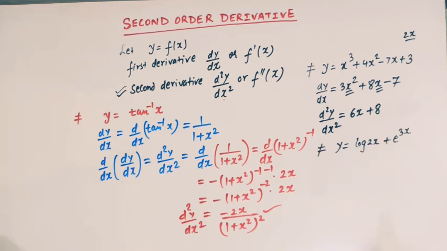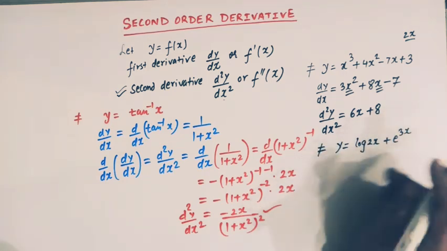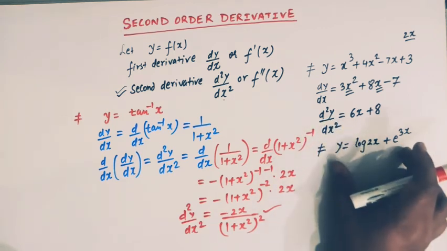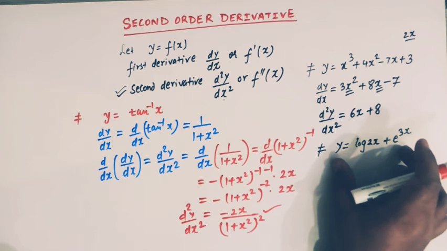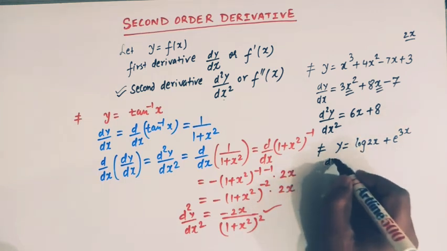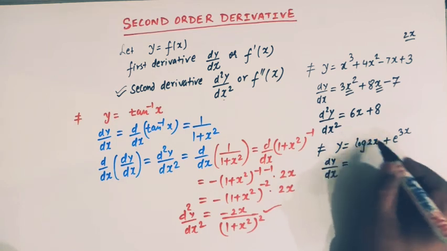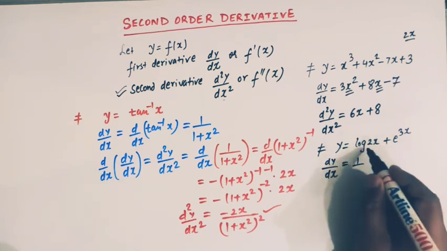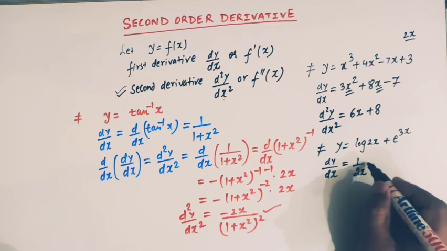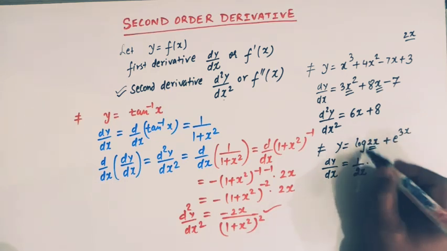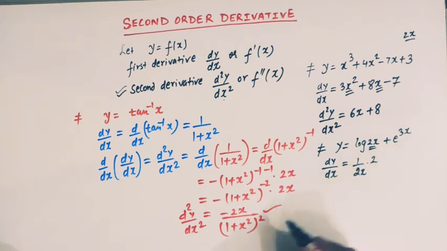Now let us take this function. Here we again will find the second derivative. So let us first find the first derivative. Here dy over dx is the derivative of log x, which is 1 over x, so this is 1 over 2x, and then by chain rule we'll differentiate this 2x, and the derivative is simply 2.